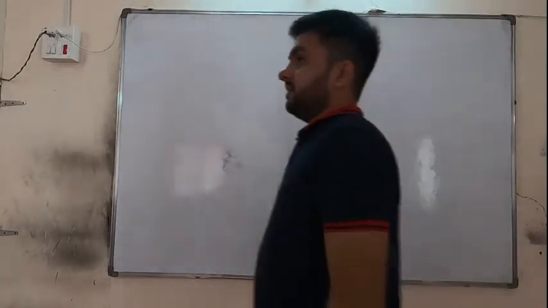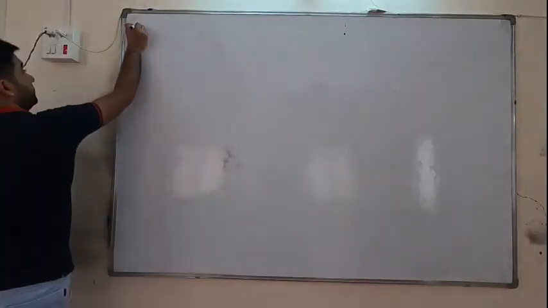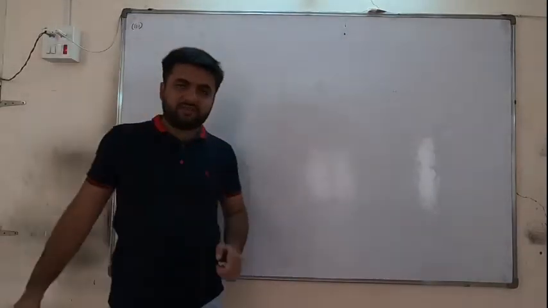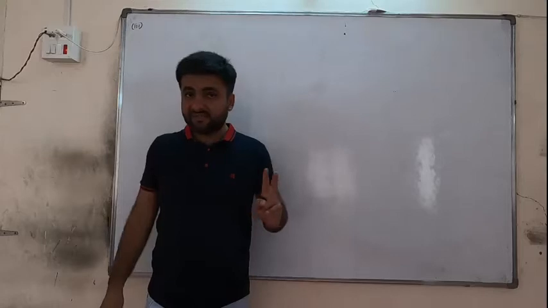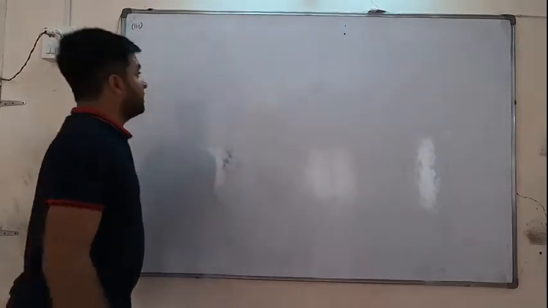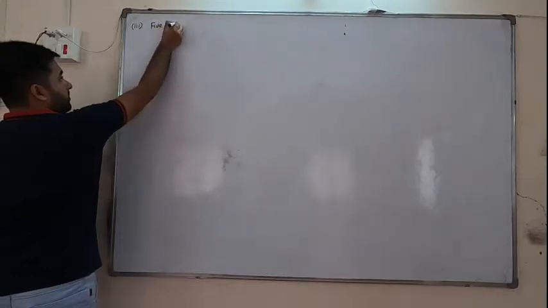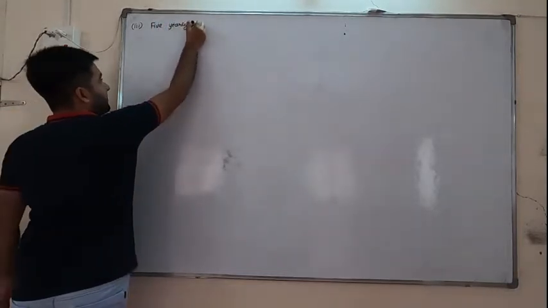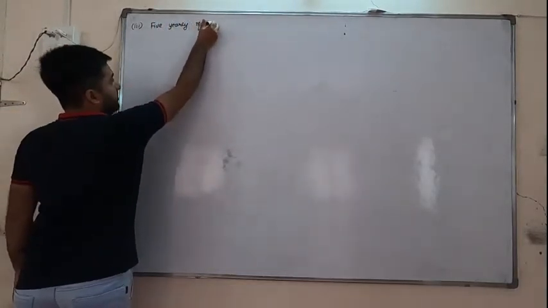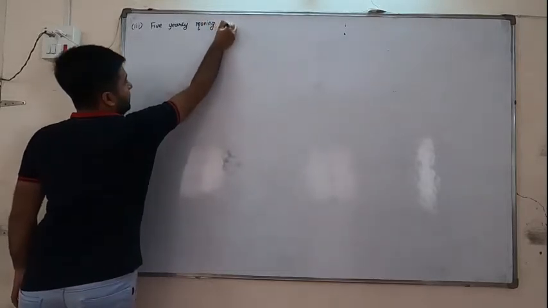So now write the next heading. See, first one was 3 years. Second one, 4 years, is not in our syllabus. So now 5 yearly moving average.